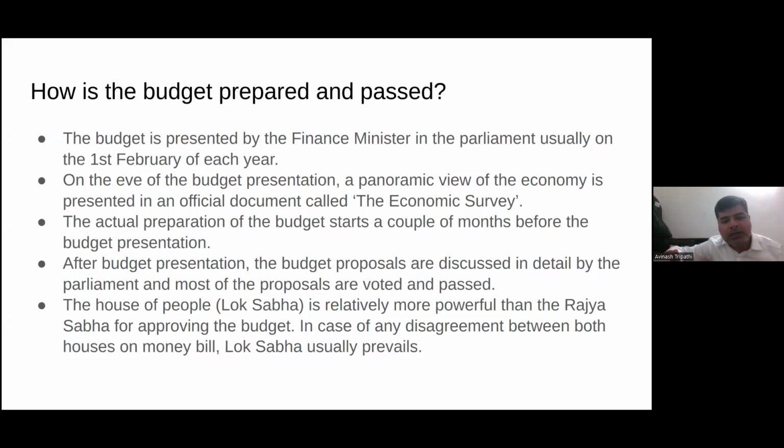They are discussed by the parliament and eventually they are passed. Usually the convention is that the budget has to pass in the parliament. There is no other way around, because the convention is that if the budget proposals are defeated, if even a single grant fails to clear the parliament, then by convention, the government of the day has to resign.